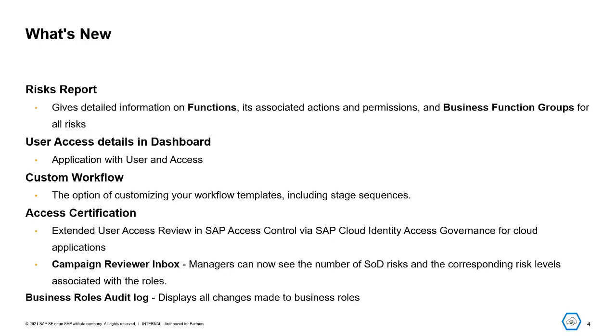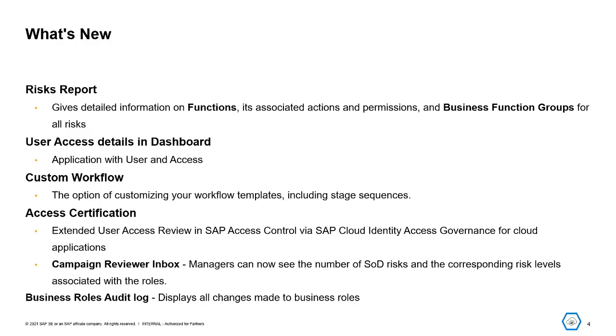The risk report provides more insights into the risk library that is delivered out of the box for major cloud applications like S/4HANA Cloud, Ariba, SuccessFactors, IBP, and various others are coming in the pipeline. We also introduced user access details, which moves us towards identity analytical reports. This is the first step in that direction.